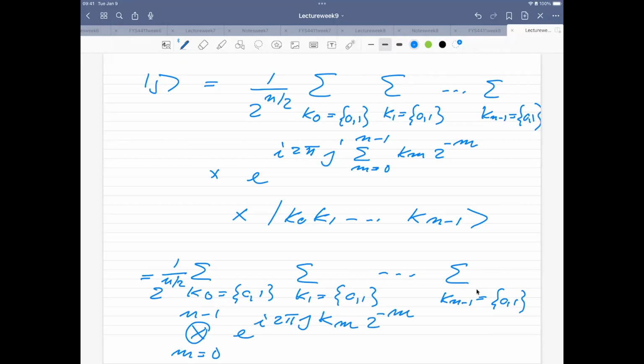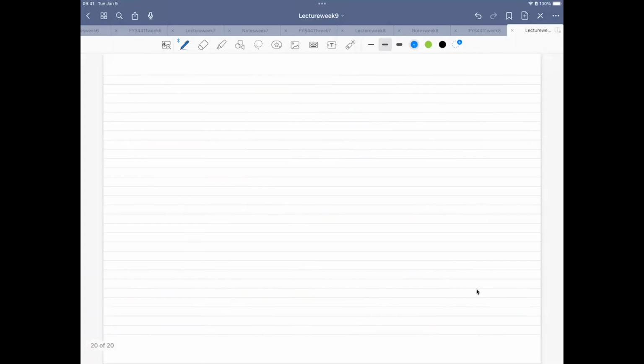Keep in mind now that these K_m take only values 0 and 1. So it means that what we have then, when we put this up, is that this can be rewritten as 1 over 2^(n/2), and then I have the tensor product of m equals 0 to n-1.